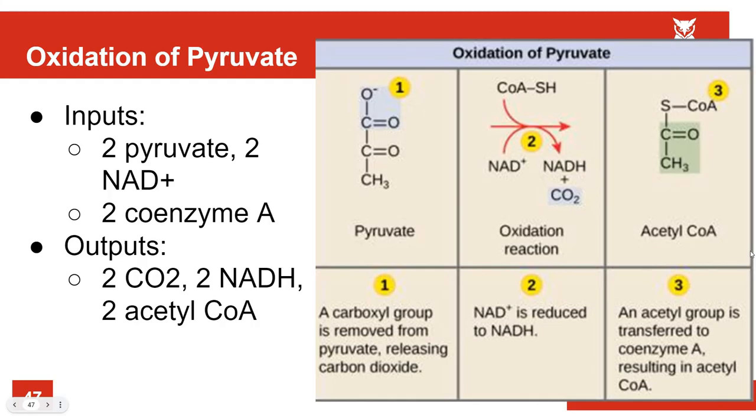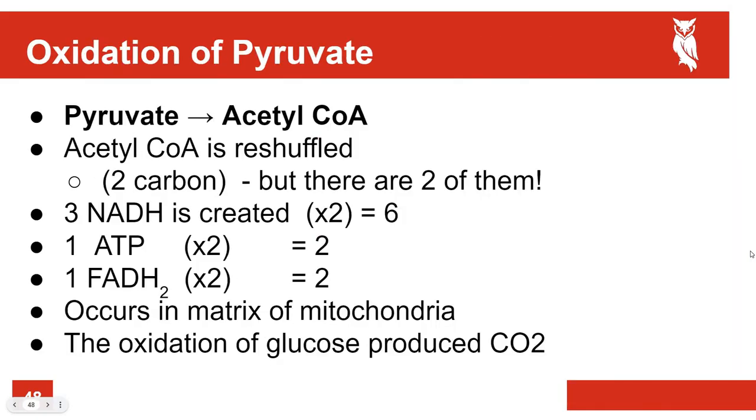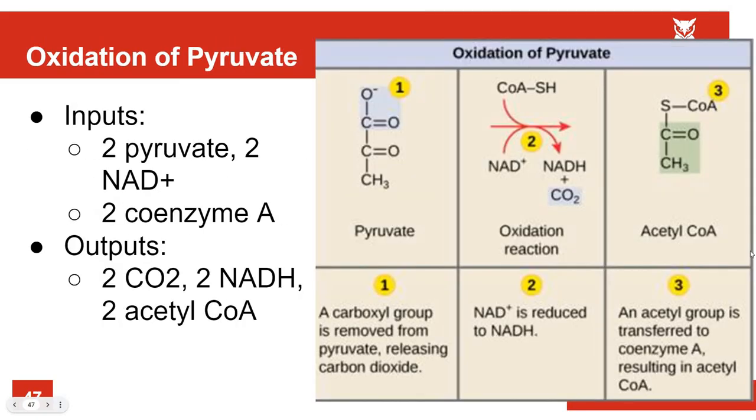So this is oxidized, this is reduced, and CO2 is a byproduct. And then we end up with acetyl-CoA. So input 2 pyruvates, 2 NAD pluses, 2 coenzyme As. We get out 2 acetyl-CoAs, 2 CO2s, 2 NADH.